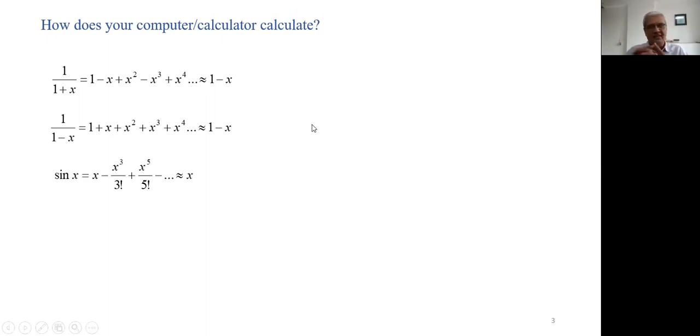If I have sine x, I can write a series: x minus x cubed by 3 factorial plus x raised to 5 by 5 factorial, all odd powers of x with alternate signs. And when we say that this sine x is x, what we are saying is that the x cubed and x raised to 5 terms are negligible in comparison with the x value.